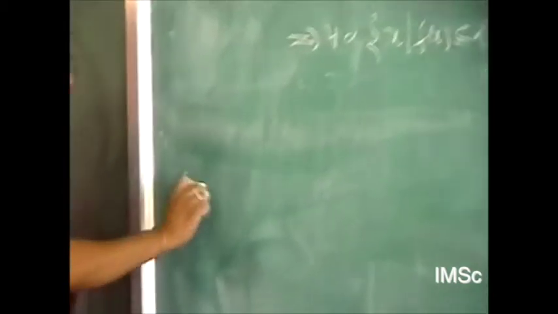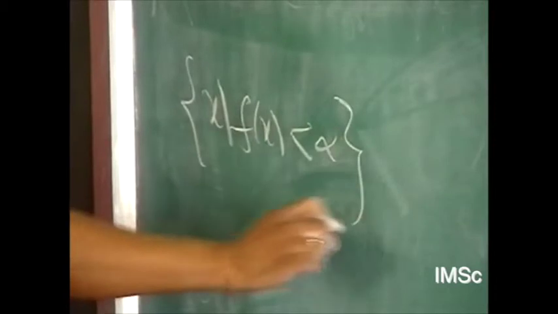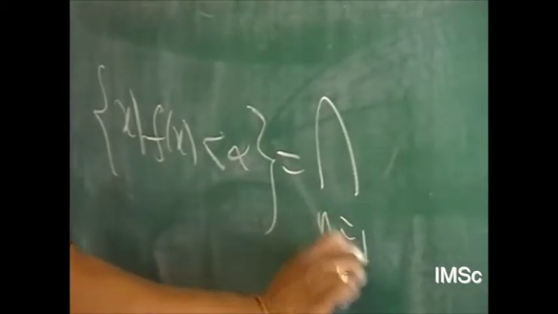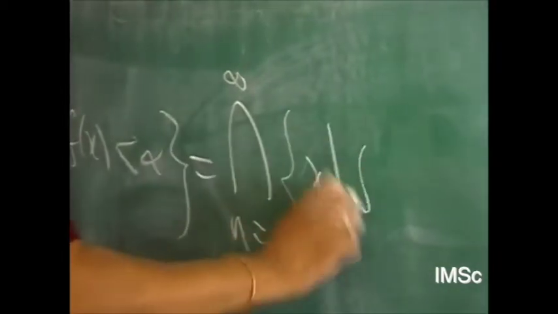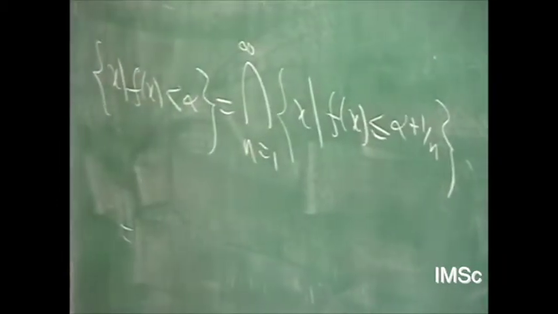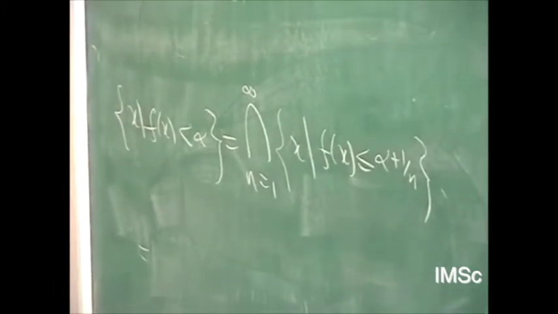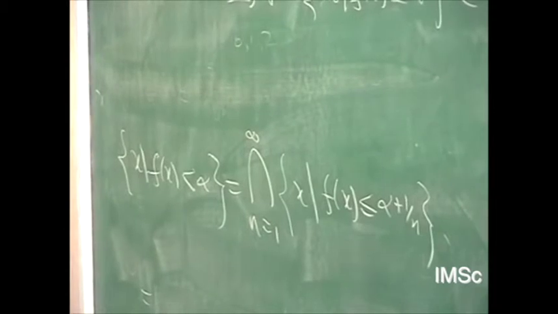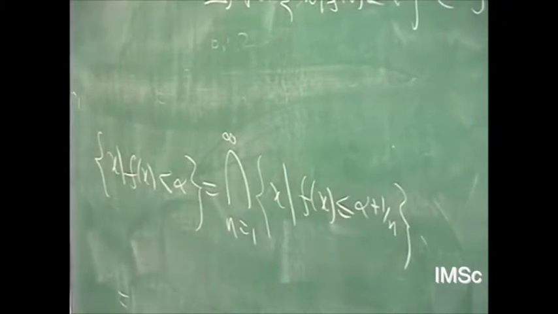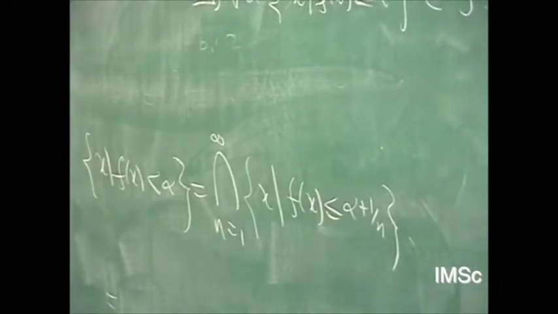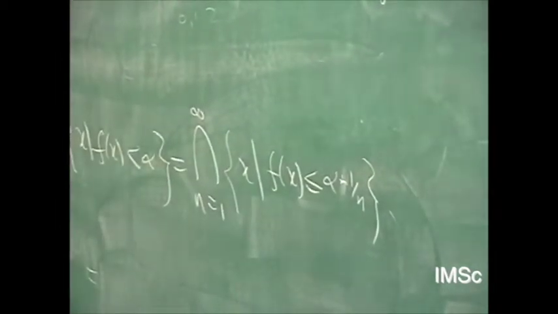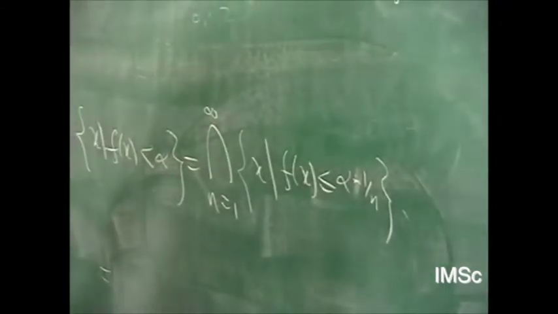So let us take the set of all x such that f(x) is strictly less than alpha. This is equal to the union over n equals 1 to infinity of the set of x such that f(x) is less than or equal to alpha minus 1 over n. If it is less than or equal to alpha minus 1 over n for some n, then it is strictly less than alpha. Very good.